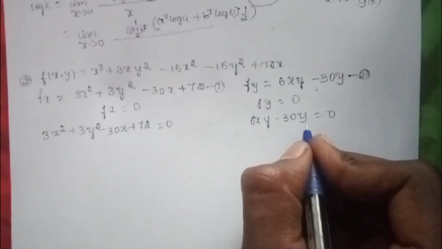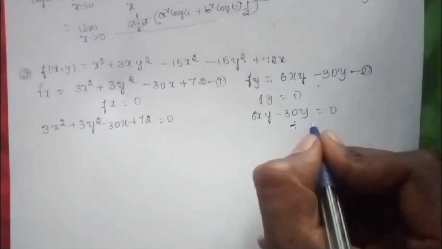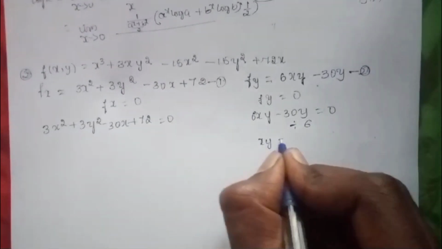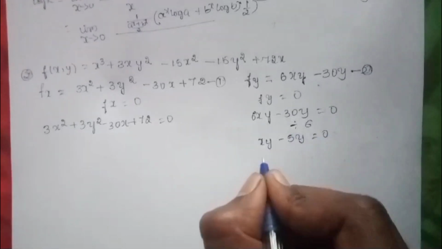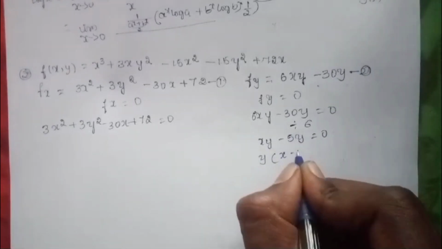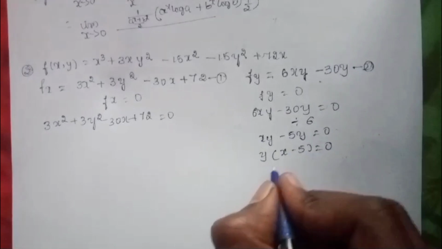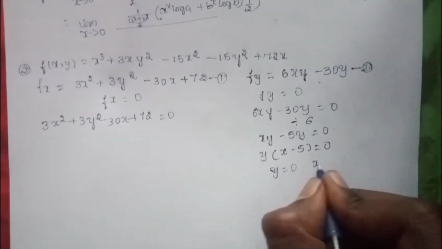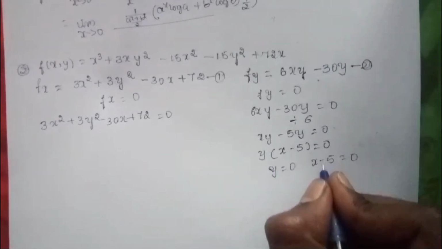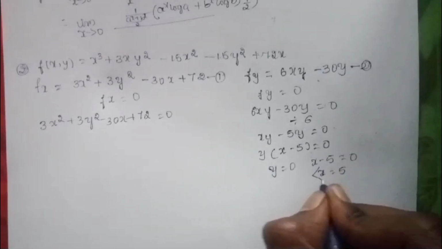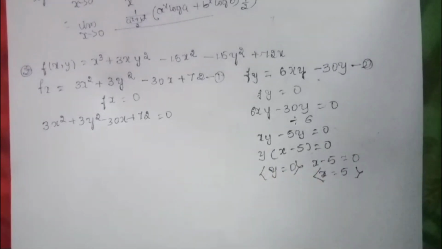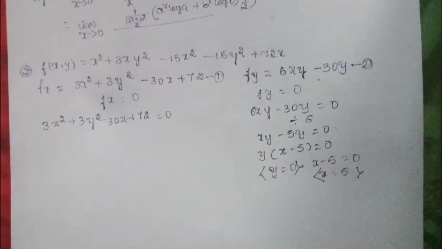Divide this by 6, then we get xy minus 5y equals 0. Take y common, then we get y times x minus 5 equals 0. Then y is equal to 0 and x minus 5 equals 0. We get x is equal to 5.